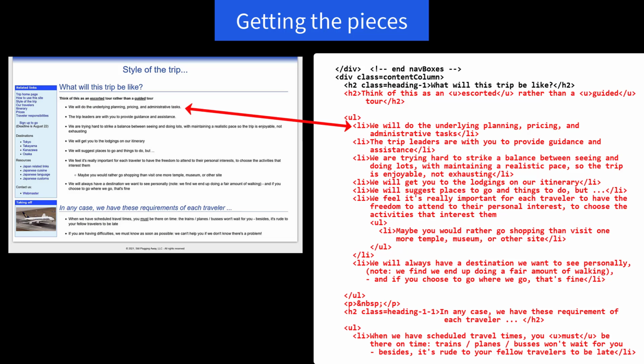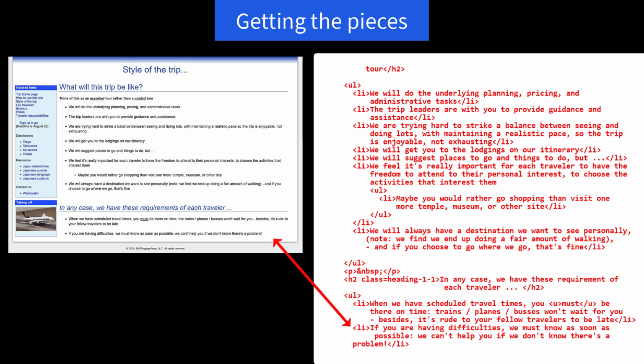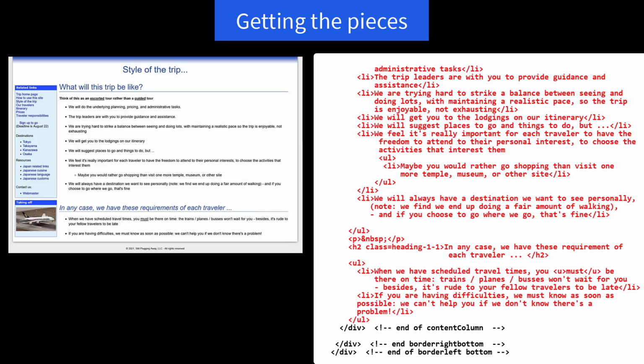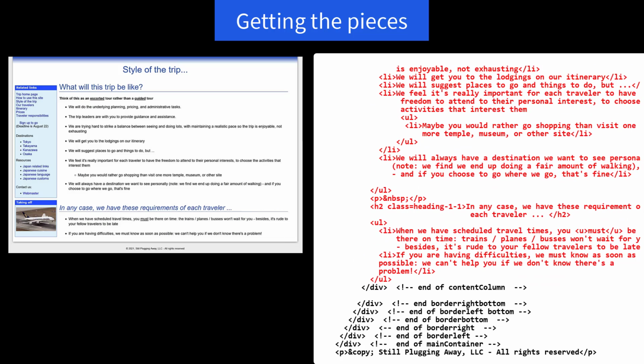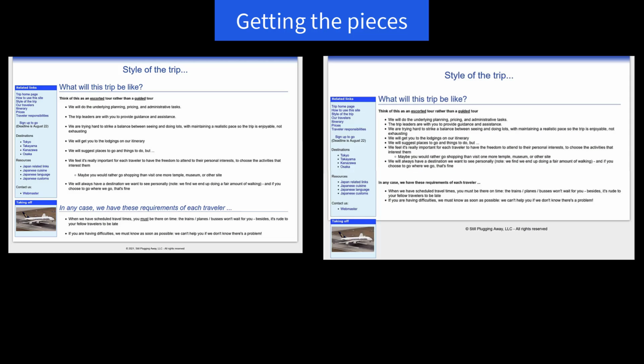Then each of the bullets on the web page comes from an LI element in the HTML code. Here's the embedded bullet point. Here's our other header with its class of heading -1-1, and the last 2 bullet points, then the rest as before. And this yields this page.